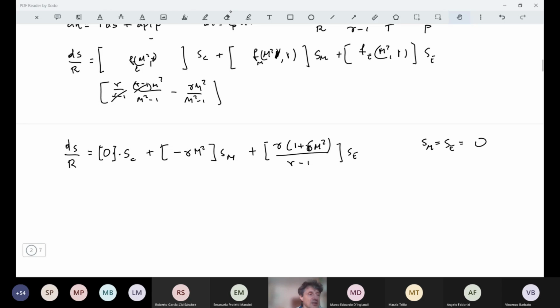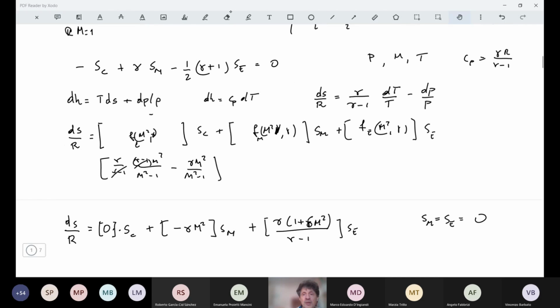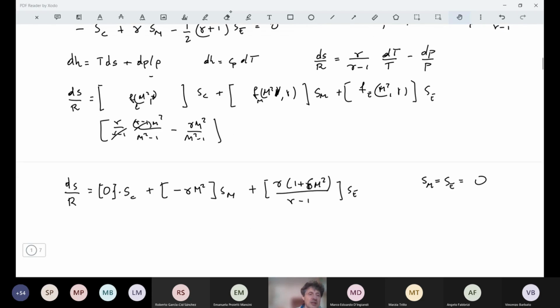So there is a relation between pressure, temperature, and entropy that we have already seen here. Being the change from static quantities to total quantities an isentropic change, this relation is also valid for the corresponding values of total quantities. So dS over R will be gamma over gamma minus 1 dT0 over T0 minus dP0 over P0.